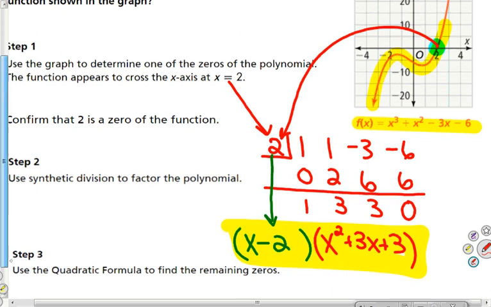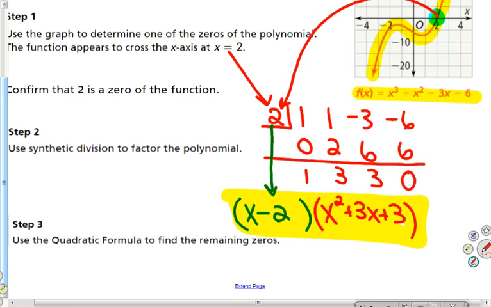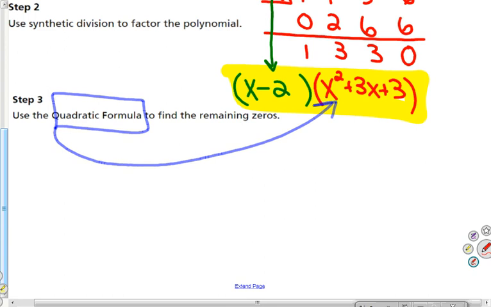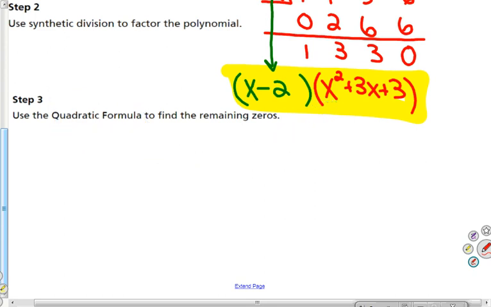To find them, which you are going to be expected to do, you're going to have to run the red thing through the quadratic formula. Okay? That'll help you find the other 2 solutions. Just the red part. Since it's a quadratic with x squared, it qualifies for the quadratic formula.